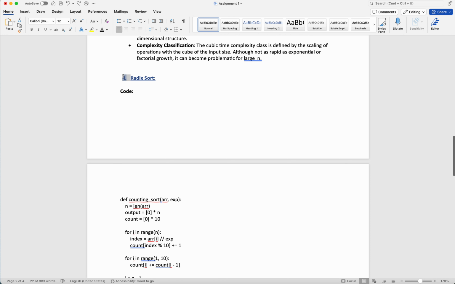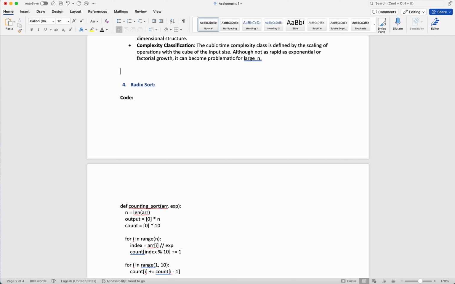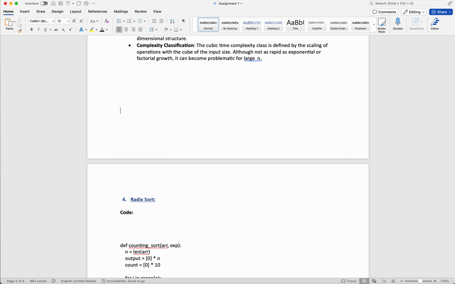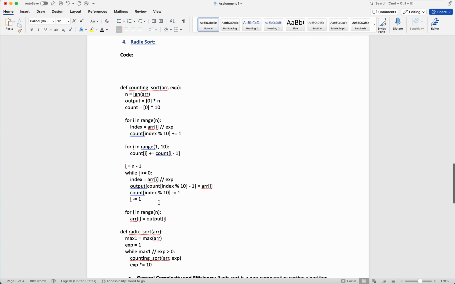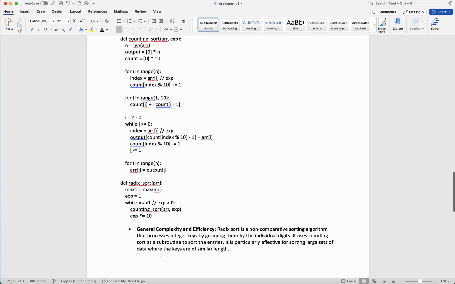The next problem is radix sort. Radix sort offers an interesting diversion from comparison-based sorting algorithms.